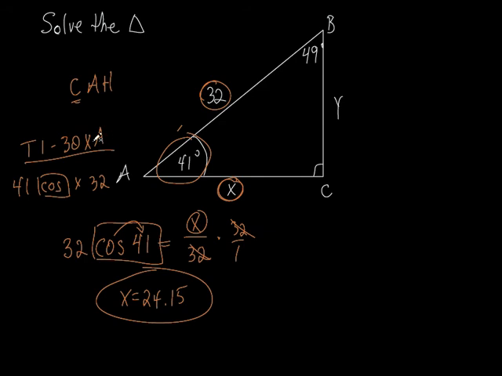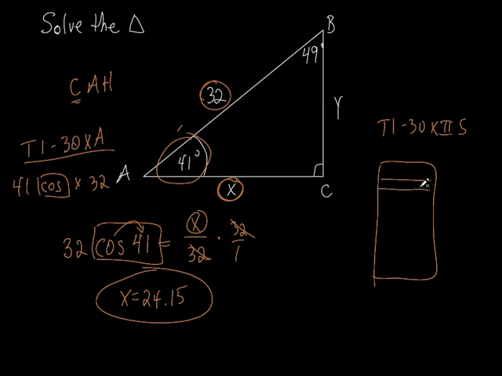Now, does anybody have a TI 30X2S, if I remember right? Anybody have that in here? I think I asked that the other day. I don't think anybody did, because in my other class, there's like 3 of them that have this. You know how on the 30XA, it's just got one line of type on there?